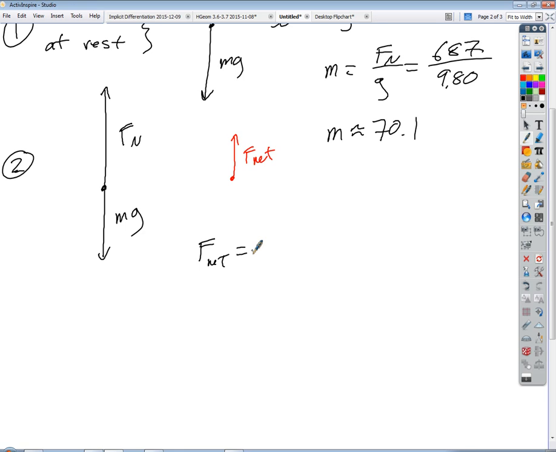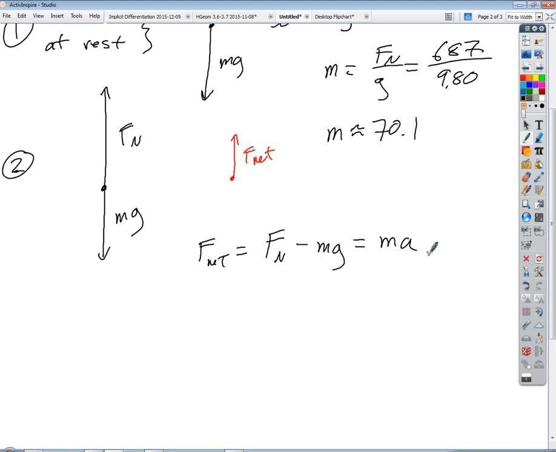How do I add those up? What's the positive contributor? Normal force is pushing upward. That's the scale, isn't it? So we get normal force minus mg, and that's equal to, what is net force always equal to? ma, right, ma.